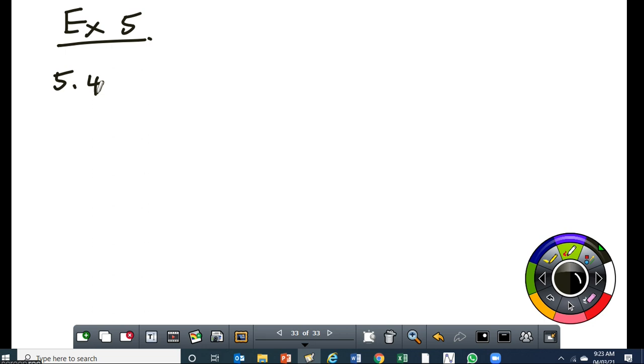So we have, okay, let me use a different color here. That's 3a squared minus 2b minus 3b squared plus 2a. Okay, so that's the question there.